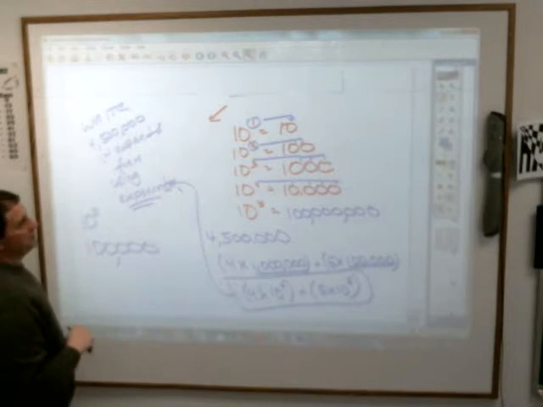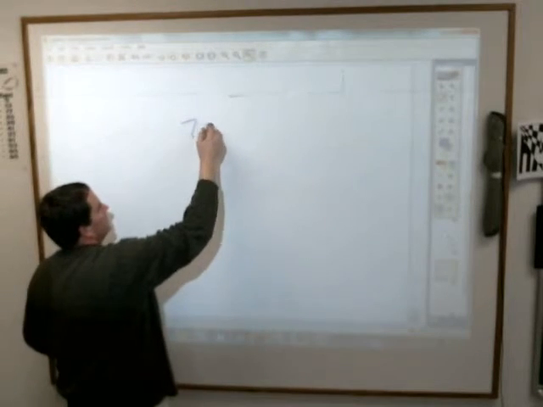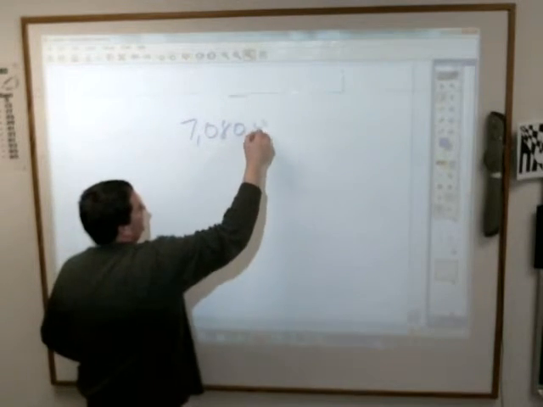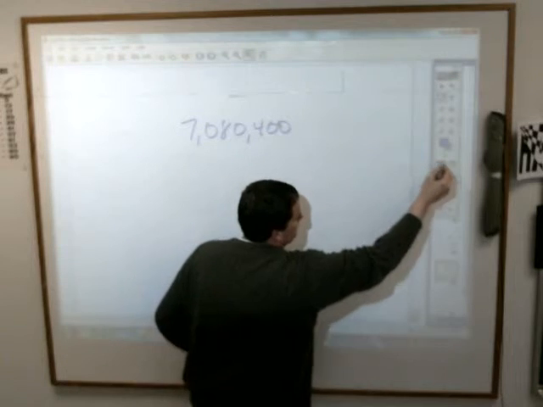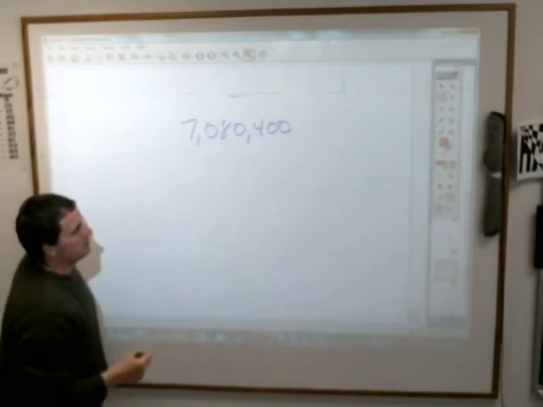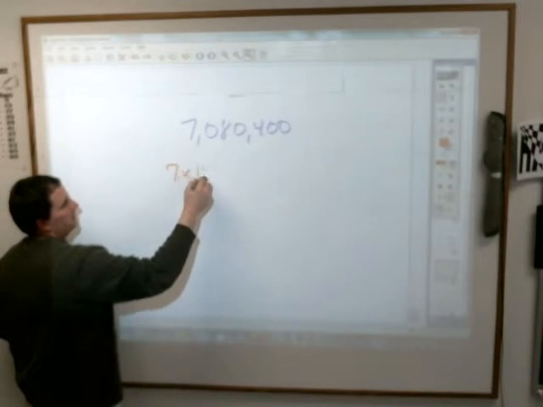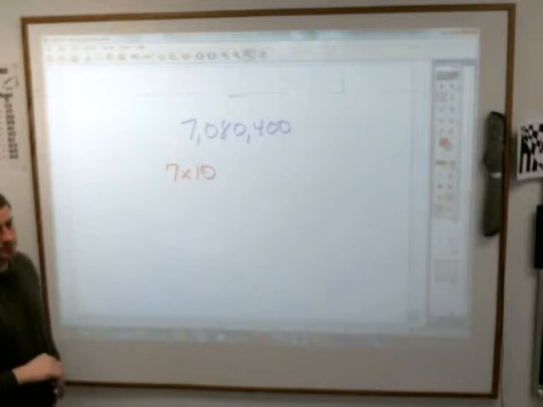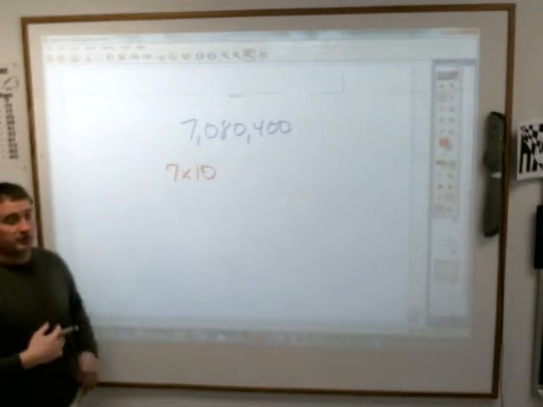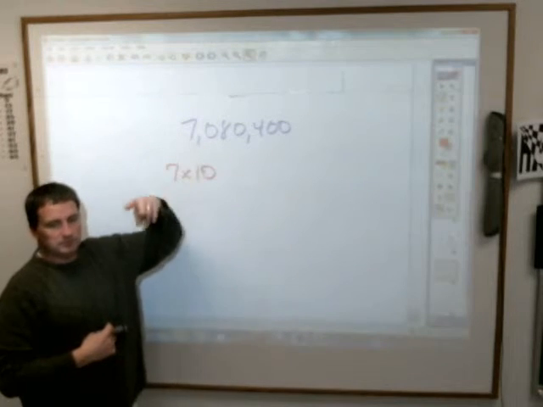You can throw another one at you there. How about this one? 7,080,400. If I said write that in expanded notation using exponents, this would be 7 times 10 to what power? Really all you have to do is look at how many digits come after the 7. How many digits come after the 7? 6.